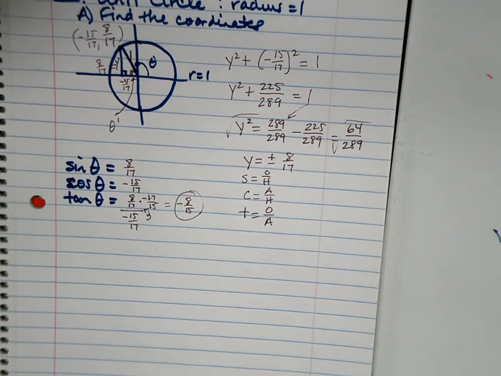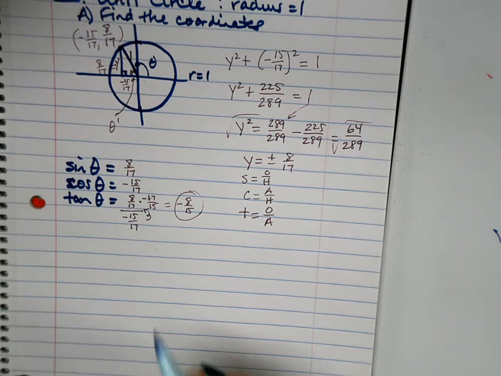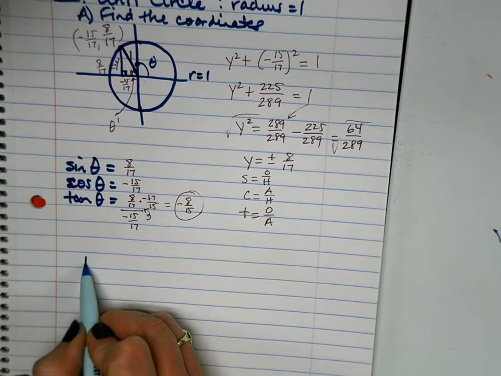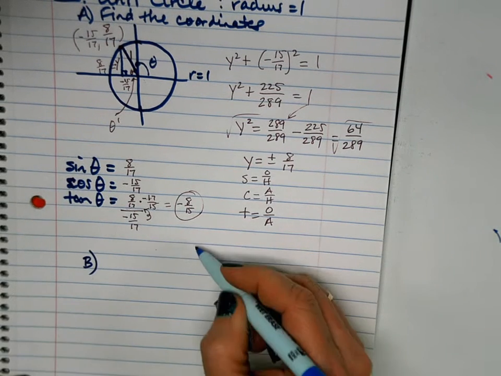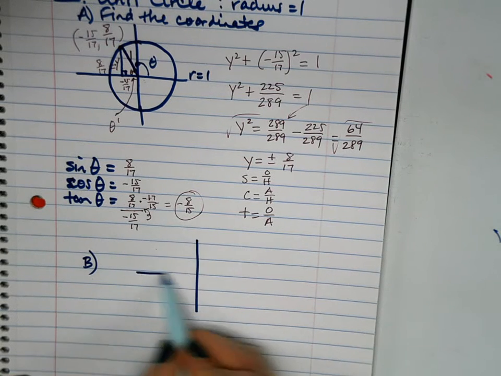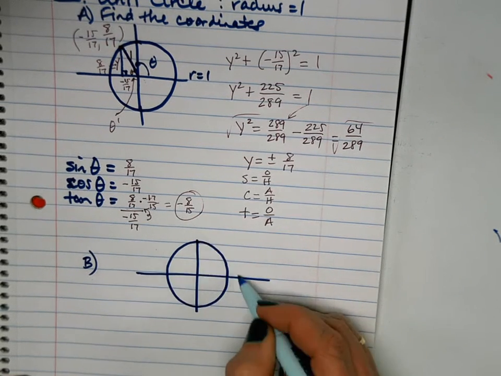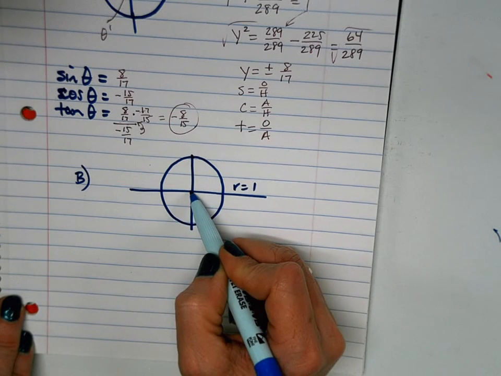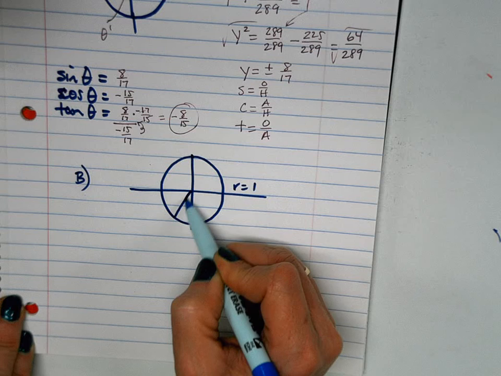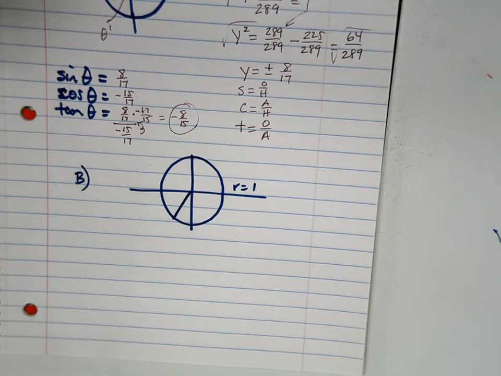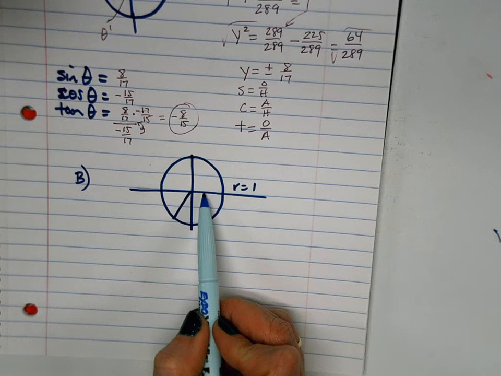Okay, let's do one more of these. Sketch the unit circle again. And let's put a point now down in the third quadrant. I'm not going to draw theta in there because it messes it up a little bit, but theta would have started from here and come all the way around.